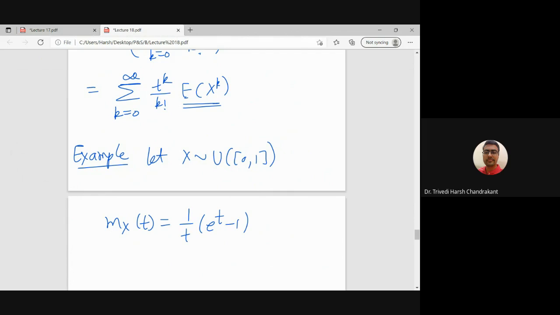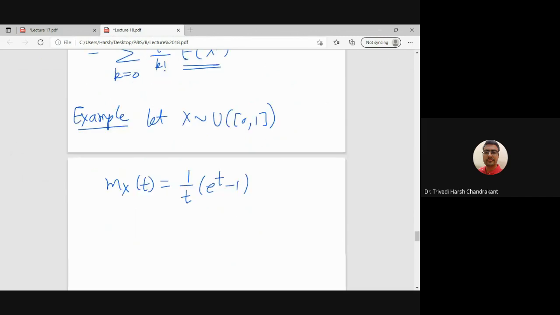So that is 1 by t times (1 plus t square by 2 factorial plus t^3 by 3 factorial, and so on) minus 1.